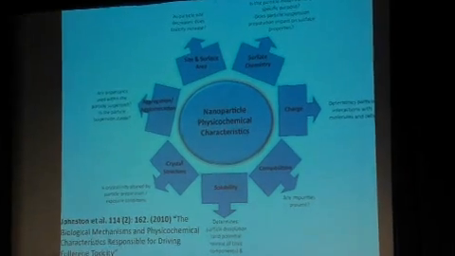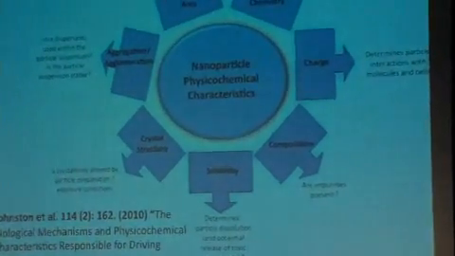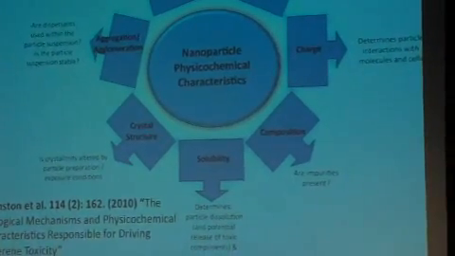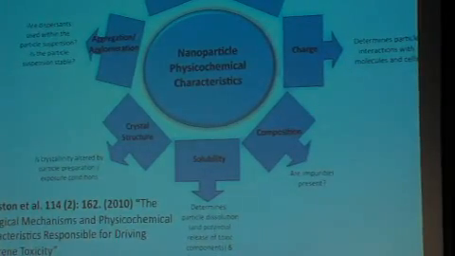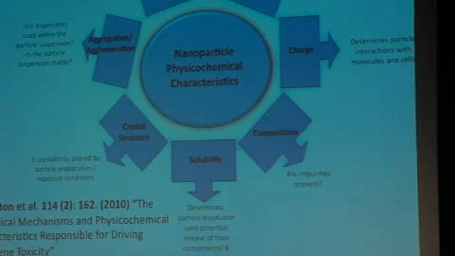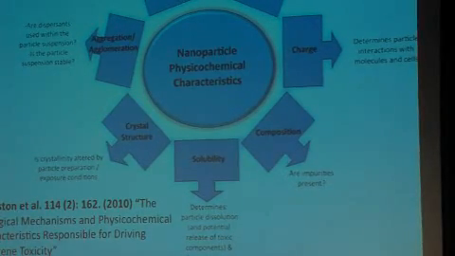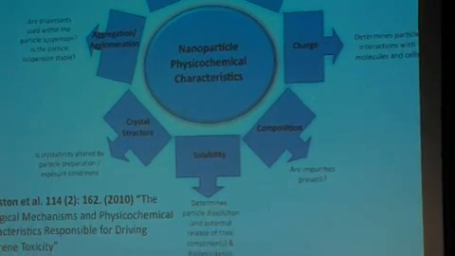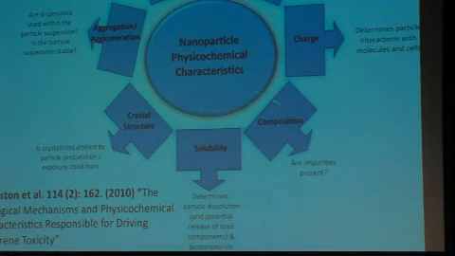The composition relates to the purity of the nanoparticle preparation and the presence of synthetic adjuvants, residual solvents, stray surfactant molecules, and possibly residual catalysts. So there are many different kinds of impurities that could be present.